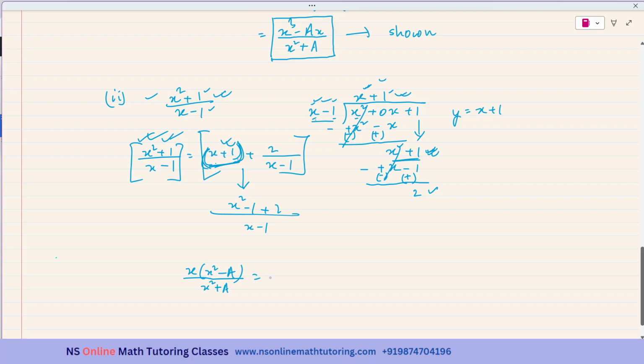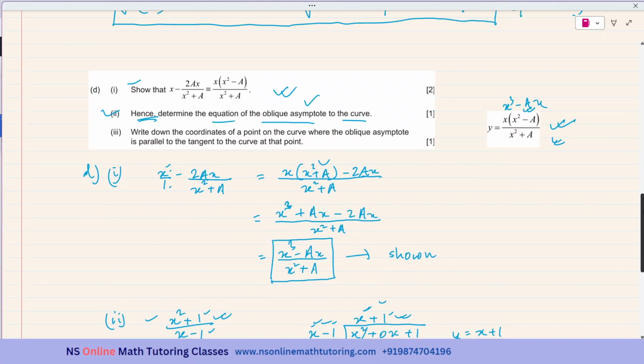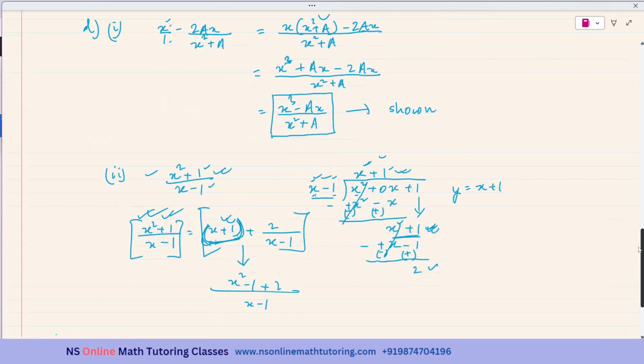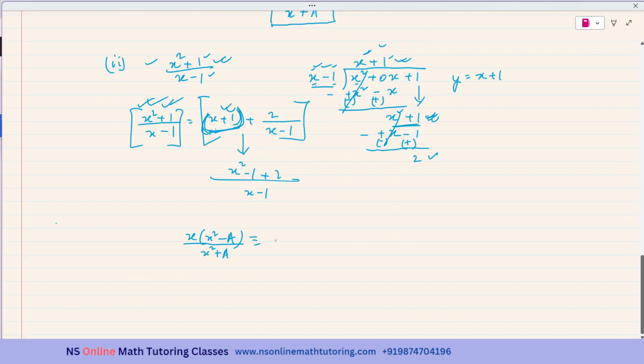This is the original function expression, and this should be equal to x minus 2ax over x squared plus a. Now you can see the similarity.